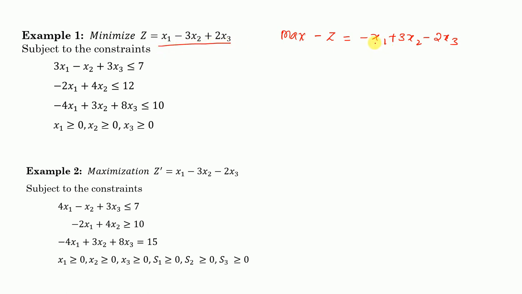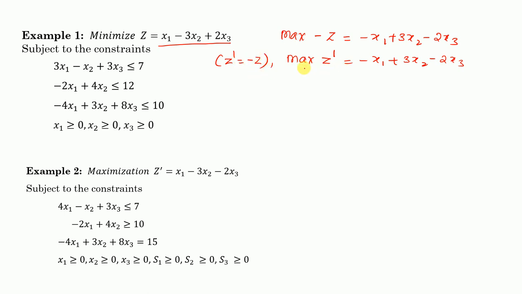So it is minus x1, plus 3x2, and here it is minus 2x3. Now minus z, you can rename it, you can say this is z dash, this equal to minus x1 plus 3x2 minus 2x3. So here you can write z dash equal to minus z.